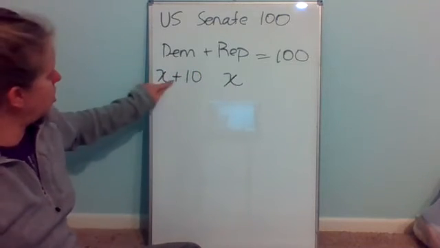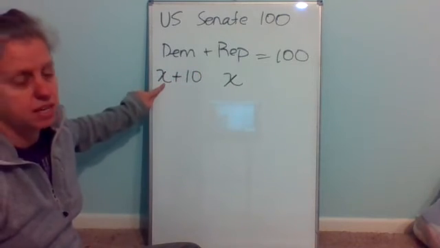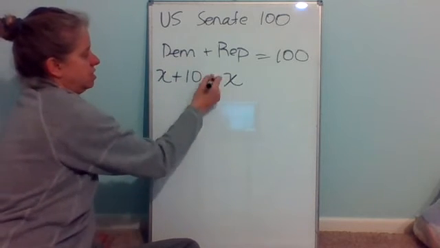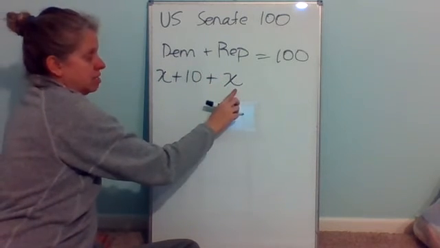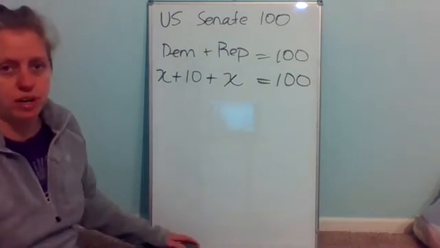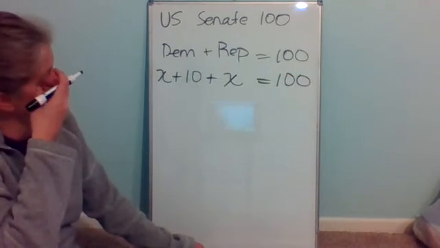If I add the Democrats, which are X plus 10, to the Republicans, which are X, it should equal 100.